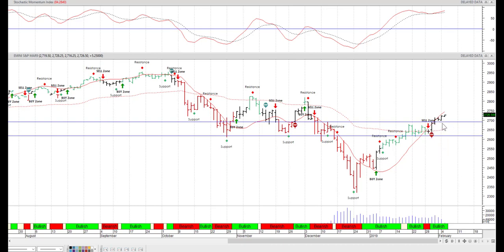What do I want to watch for? If you put up any momentum indicator, here's a stochastic, and it's sitting in a high region, or you've got a moving average that has upward slope, a sell zone simply tells you that when it fades, it's coming directly into frontline support.